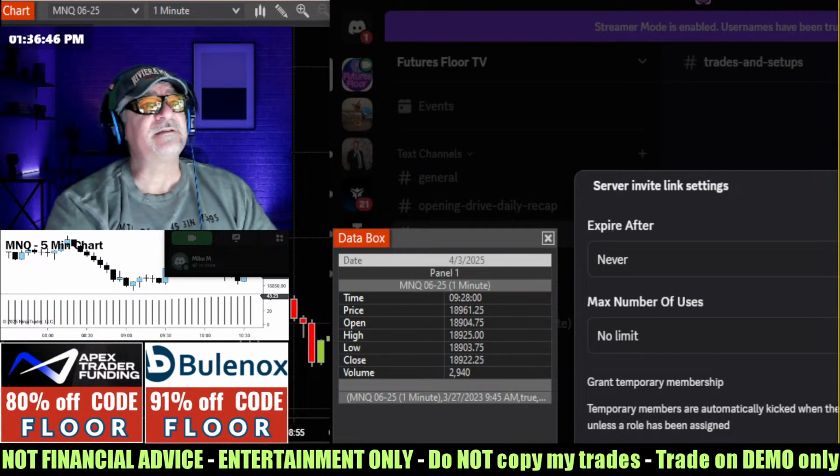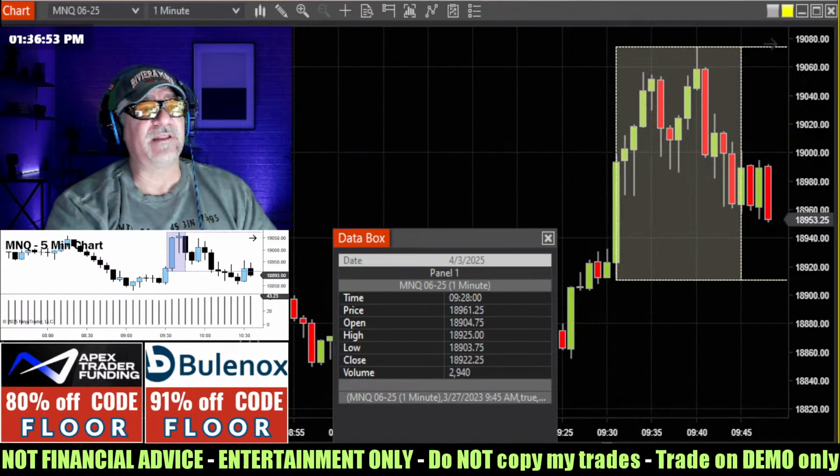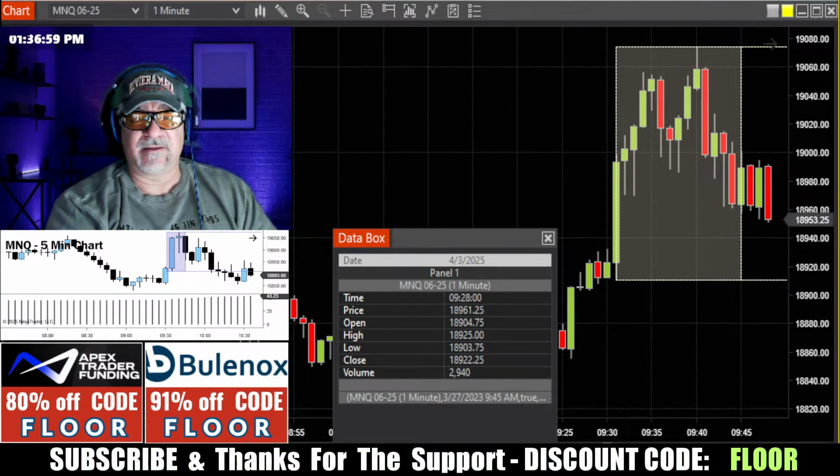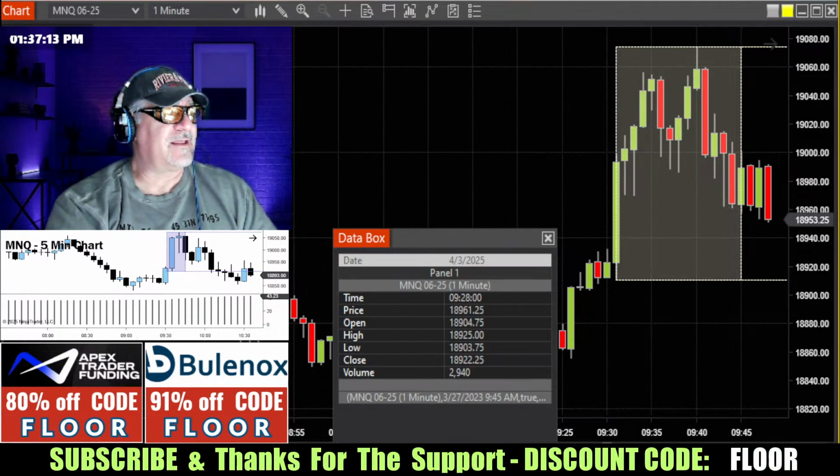So there you go. You can see server invite link settings: expire after never, maximum number of uses no limit, generate new link, and that's what I did. So it's supposed to have no maximum of uses and never expire. So it's not like I don't know what I'm doing. Yeah, no problem. I'm just bugging you. I'm never serious.